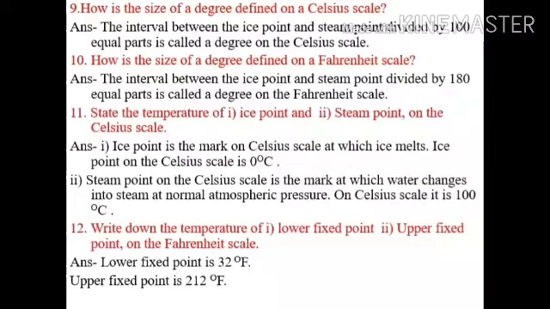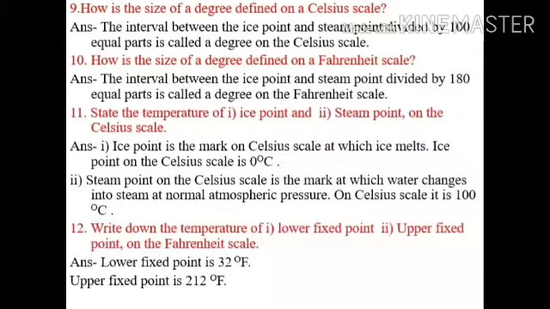Question number 11, state the temperature of number 1 ice point, number 2 steam point on the Celsius scale. Number 1, its answer is, ice point is the mark on Celsius scale at which ice melts. So, ice point on the Celsius scale is 0 degree centigrade.